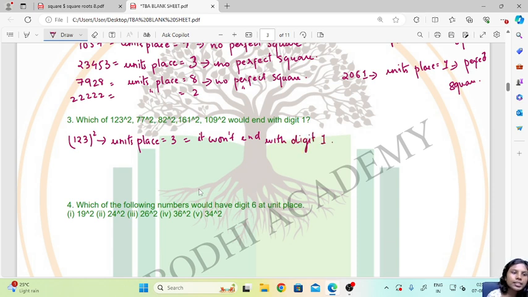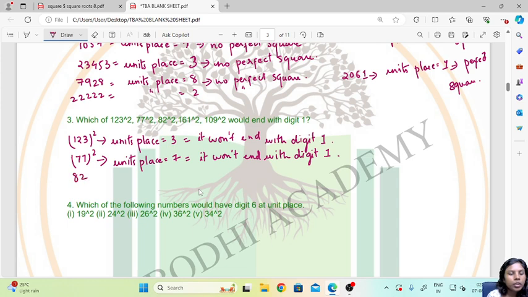Second, we have 77, the whole square. So in that again we have 7 in the units place. So will it end with digit 1? No. Okay. Then next we have 82 squared.